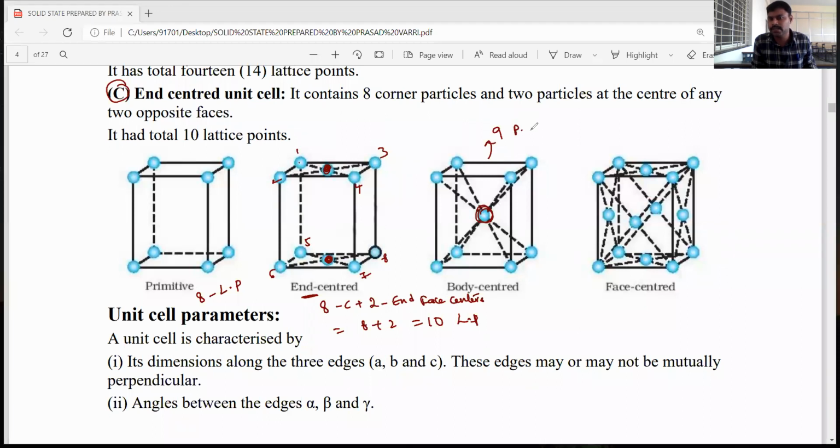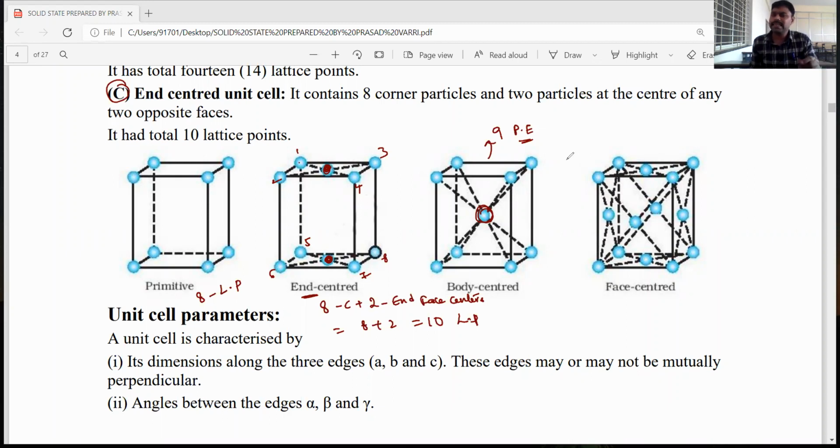These points are also very, very important, dear students. In a compulsory 1 mark question or in an objective exam they also ask. For example, how many lattice points are present in a face centered unit cell? The answer is 14. How many lattice points are present in a body centered unit cell? The answer is 9.